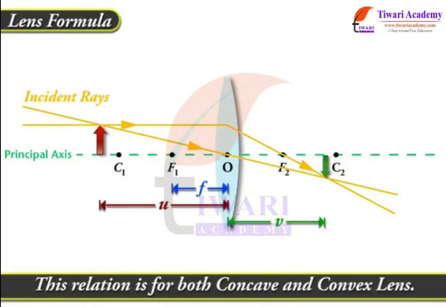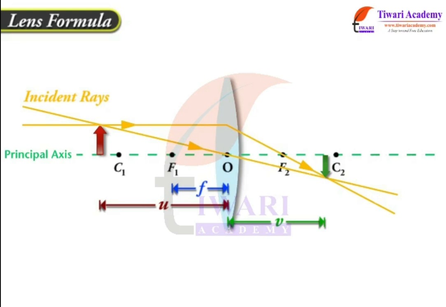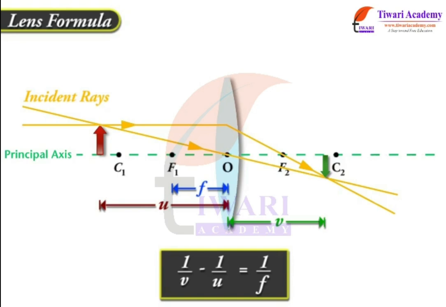This relation is for both concave and convex lens. 1 upon V minus 1 upon U is equal to 1 upon F, where V is the distance of image, U is the distance of object, and F is the focal length of lens.